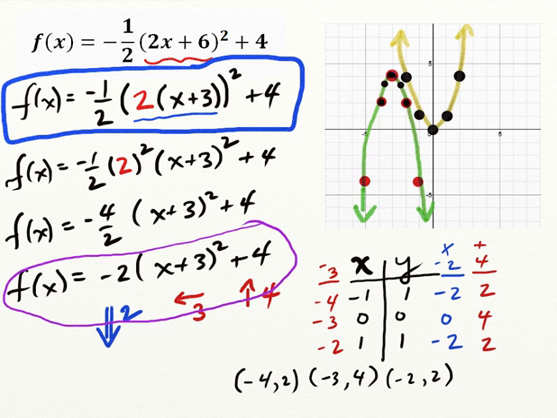And if I go up to my function and take a look at it, well, -4 and +2: -1, 2, 3, 4, and up 1, 2. That's that point right there. Check, that is on the function. -3, +4: 1, 2, 3, and up 1, 2, 3, 4. That's that vertex point there. And last but not least, -2 and +2: 1, 2, negative, up 2, there it is there, and that's the third point.